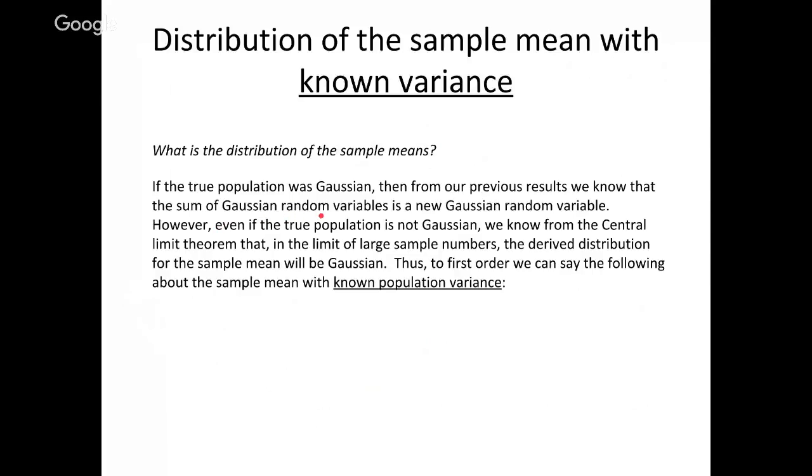So that would imply that the mean of those samples would itself be normally distributed. However, even if the wild population is not Gaussian, we know from the central limit theorem that in the limit of a large sample number, the derived distribution for the sample mean will also be Gaussian.